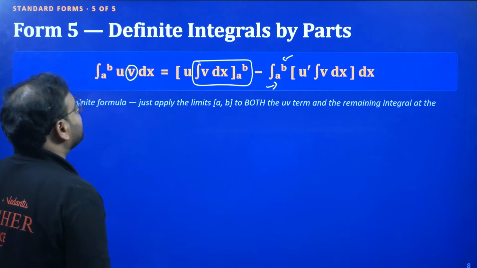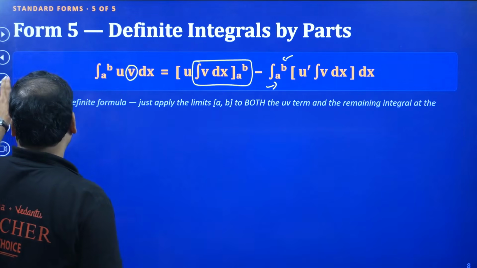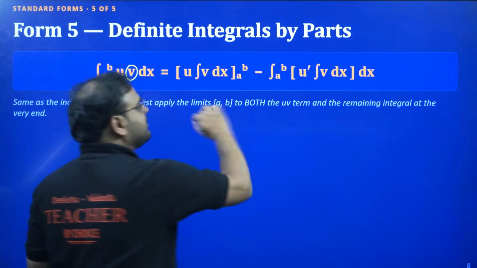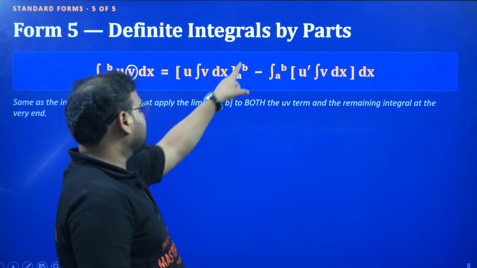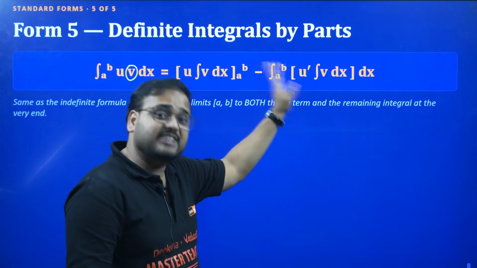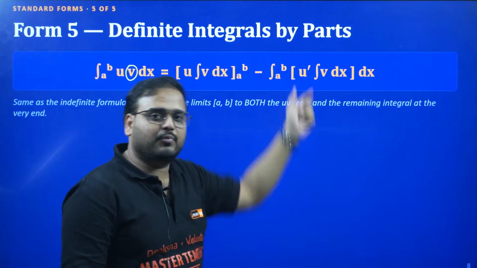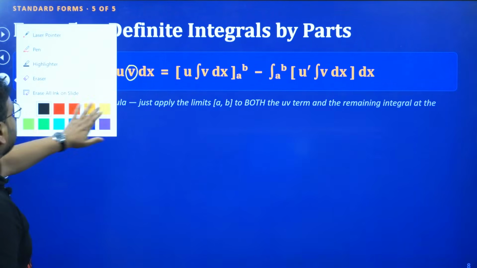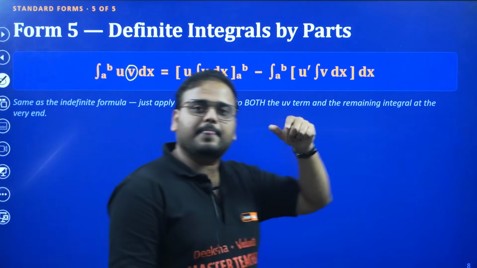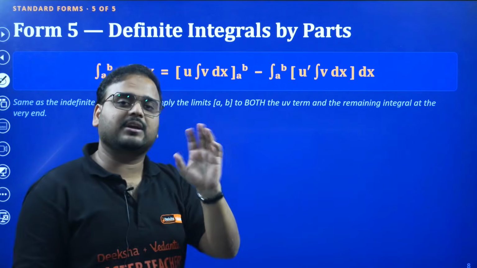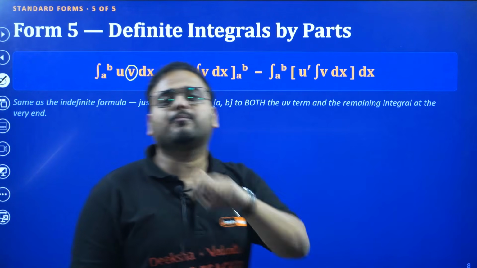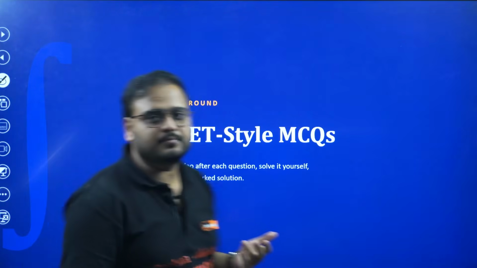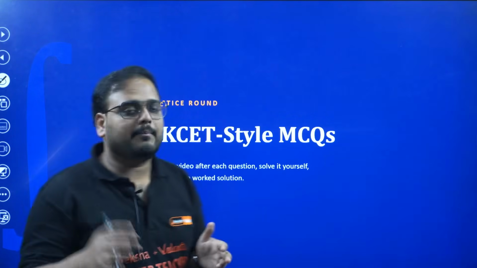Usually what we do is continue with the entire process using indefinite integral only, and at last we put the value of limits. So these are the different forms that we wanted to explore in by parts.